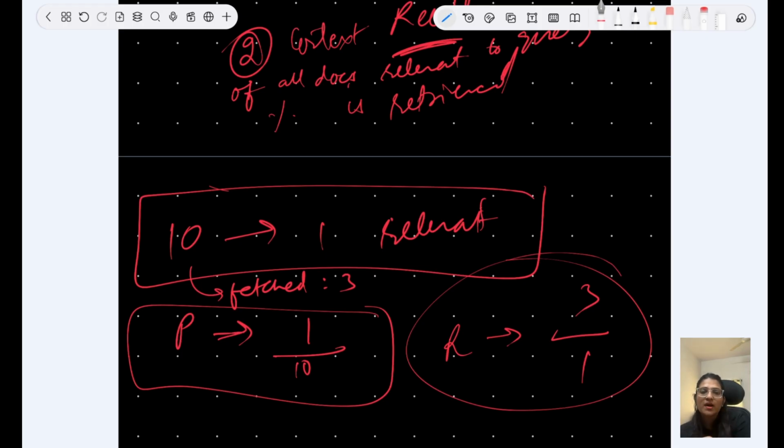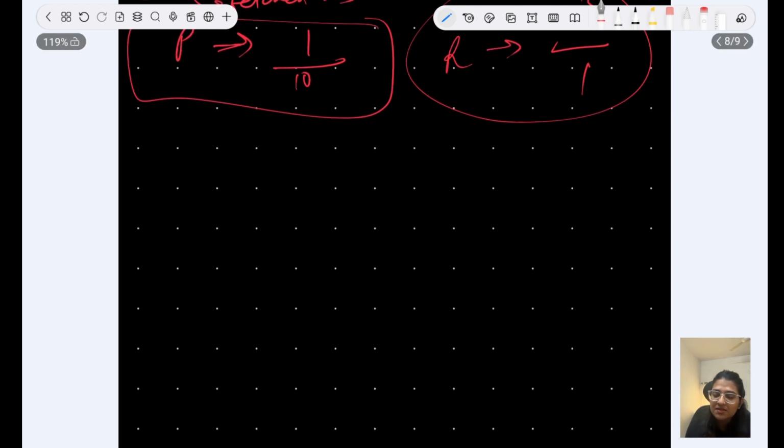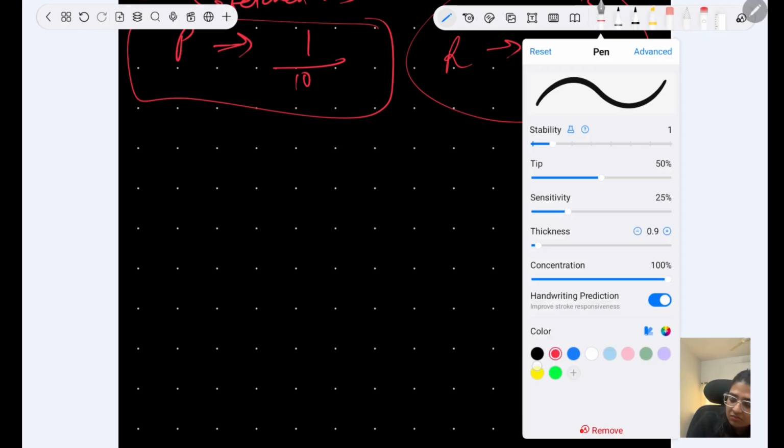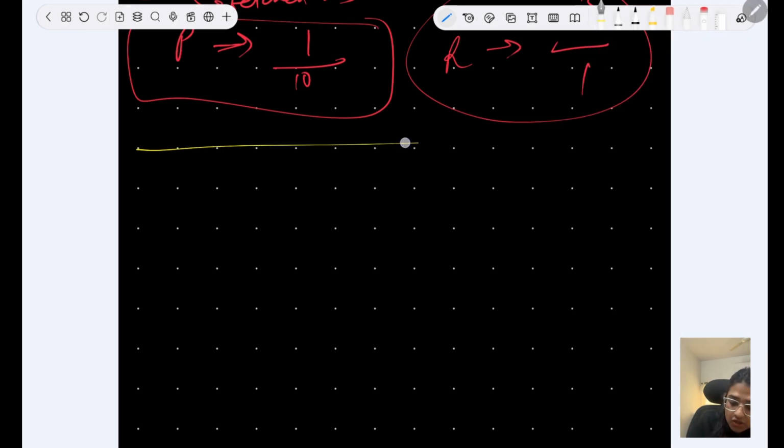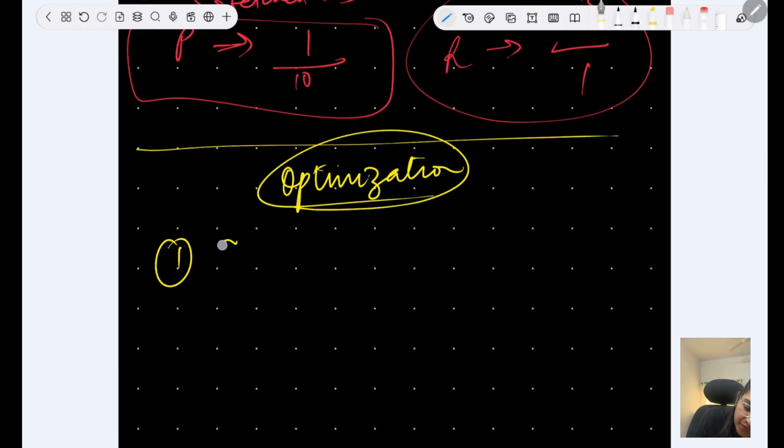Then there are benchmarking techniques also, like queries per second, build time, indexing size, or indexing time. There are things like that. Now there are some things I would like to mention, which are optimization techniques. You might have heard of them. First of them is chunking.